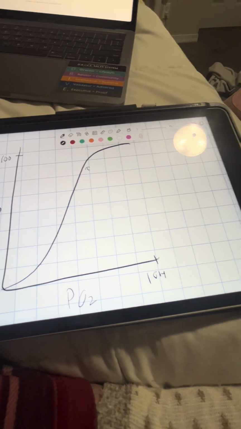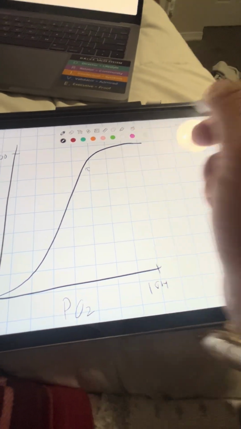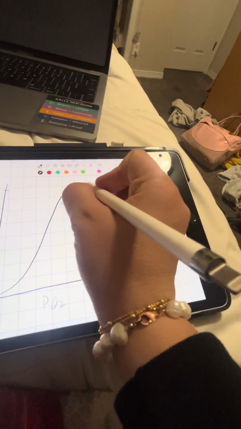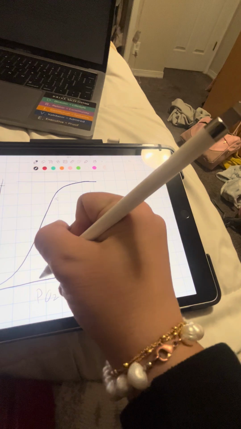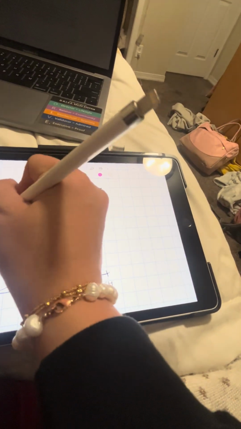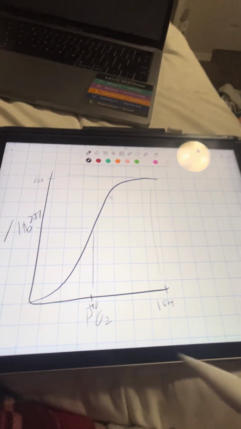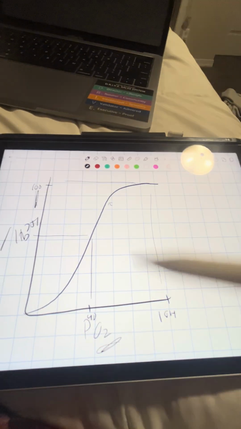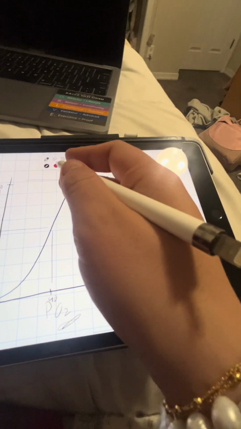So basically, if your PO2 is 104, you're going to be 100% saturated. But then if you get down here to like 40, I think that this is very poorly drawn, you're like 75% saturated, right? So even if you drop a lot in this, you're not really going to drop a whole lot in that curve. But you can have different shifts.